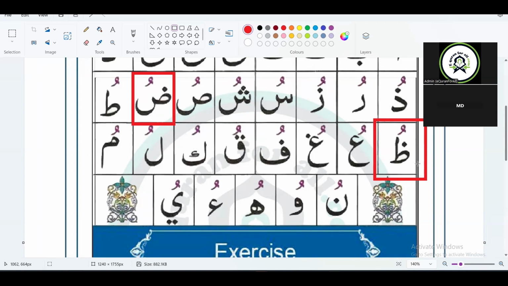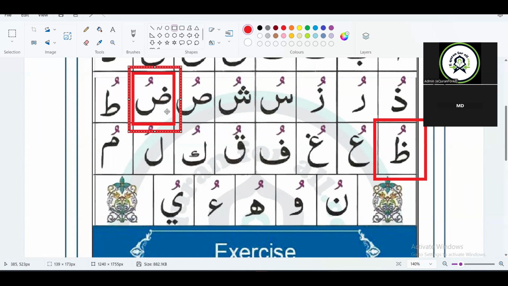Okay, and one more thing is that in many countries, especially in Asian countries like Pakistan, India, Bangladesh, there are some people who read this letter as zal, zo. They pronounce the sound which you pronounced the first time, like zoo, but that is incorrect.